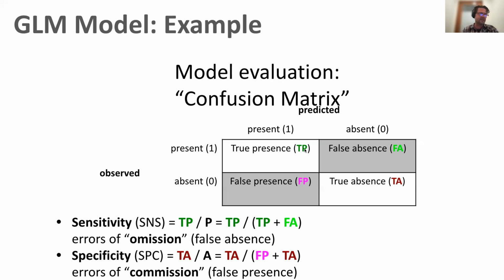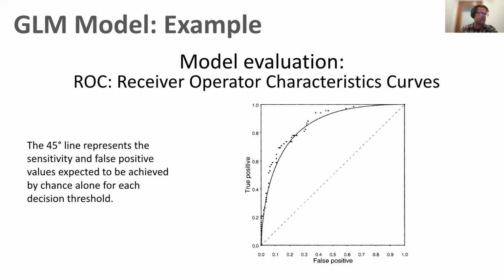They're called rates just because it's a percentage of however much data goes in. We've got the true presences over the total number of observed presences, and then the true absences over the total number of observed absences. These are our basic rates: sensitivity and specificity. And we're going to continue talking about this stuff.